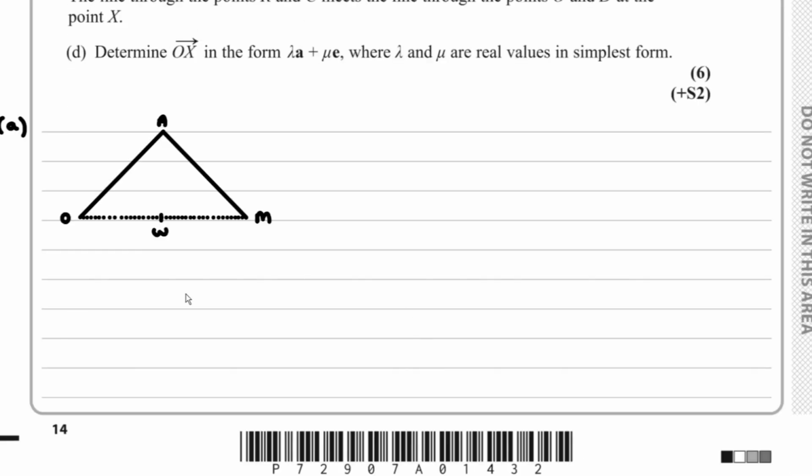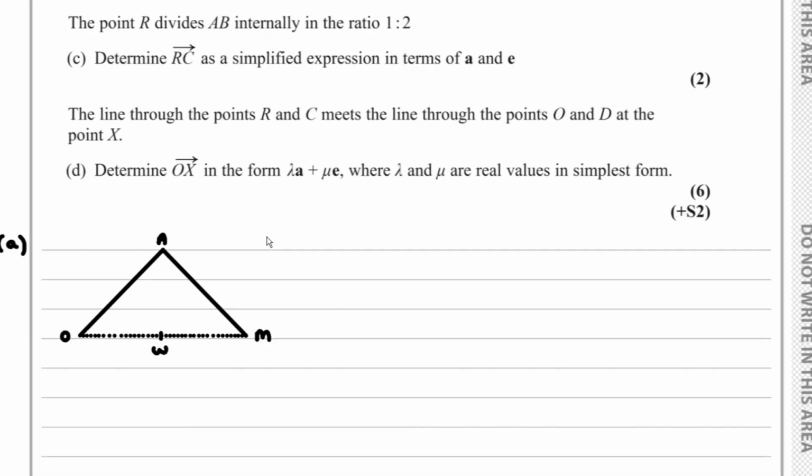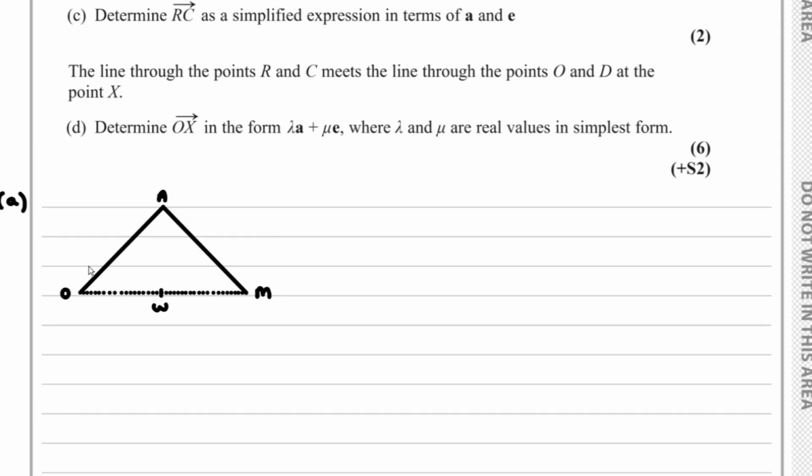So for part A, let's draw this triangle here where AM is what OE is. So we go up and then down. Directly underneath A, vertically, I've got this point W, and the length of OA is equal to mod a, and the same thing applies for AM.